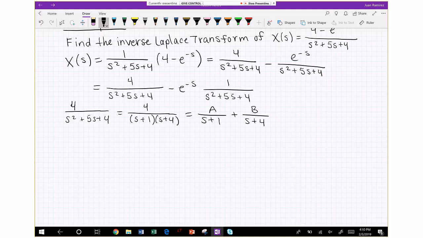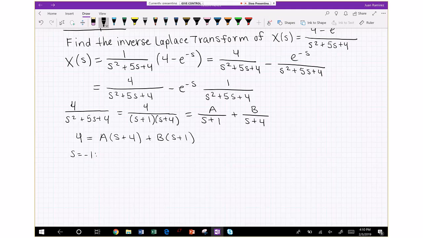All right, then we find a common denominator, and once you do that, you end up with 4 equal to a times (s plus 4) plus b times (s plus 1). You plug in the different factors, so one of the factors is s equal to negative 1.